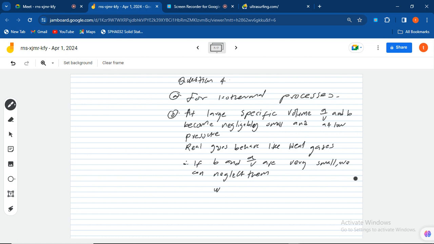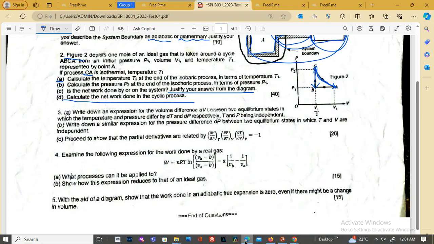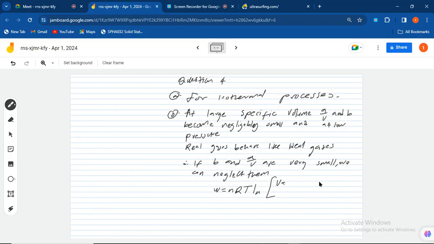Therefore, W will be equal to nRT ln of VB over VA. Yes, it's VB over VA. And you get your marks.